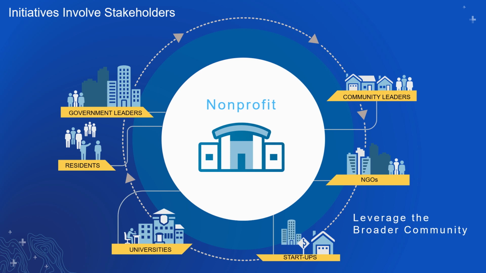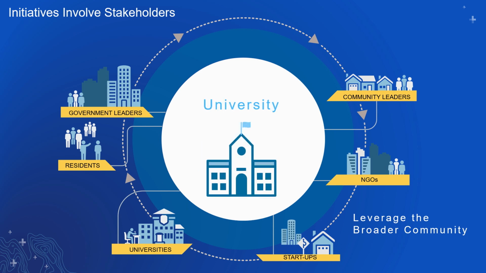Same for nonprofits, who have initiatives to improve the community and need to bring together parties to help them. Same with universities. Universities are like little cities, and they have initiatives, and they are also a good partner for nonprofits and governments trying to achieve these initiatives. So how do you bring these people together?